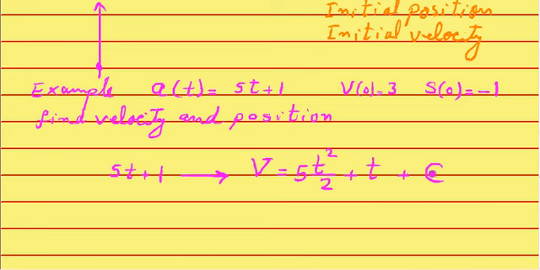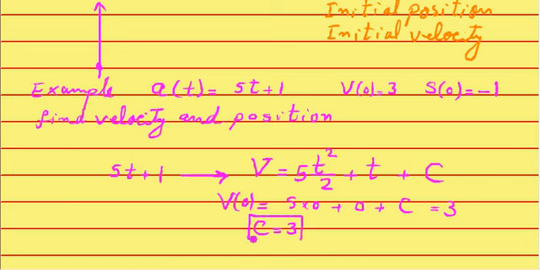Now, what is my constant here? We go back and say that the problem comes with additional information. For example, I'm given the initial velocity. Let's go ahead and enforce the initial velocity information and see what it tells me. V at time 0 is going to be 5 times 0 plus 0 plus c. V at time 0 is supposed to be 3, so that tells me c is equal to 3.